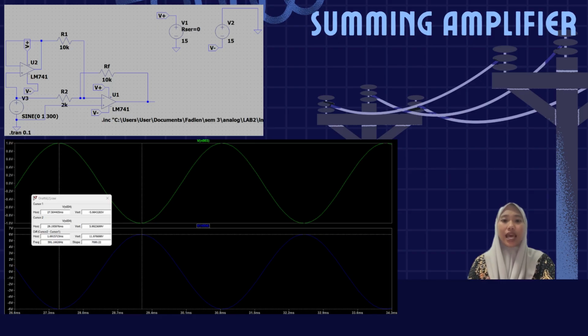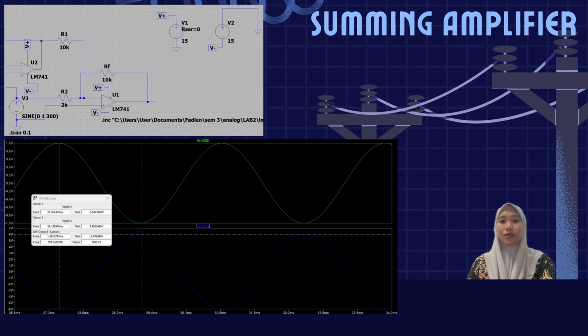The circuit has a feedback resistor, which is RF, connected between the output and the inverting input. Because the inputs are connected to the inverting terminal, the output voltage is the sum of the inputs but with the opposite sign.